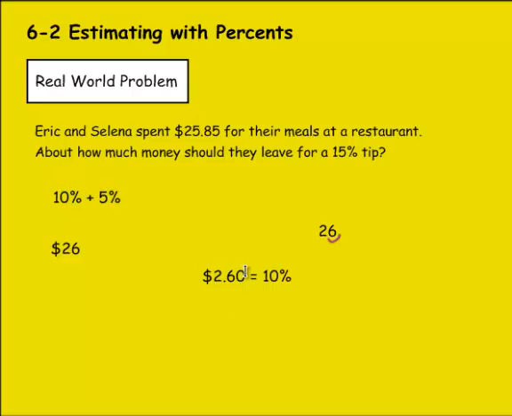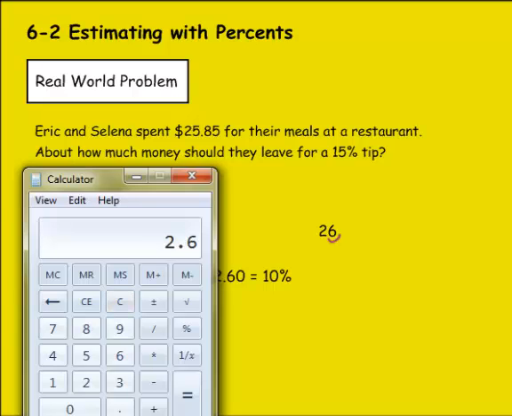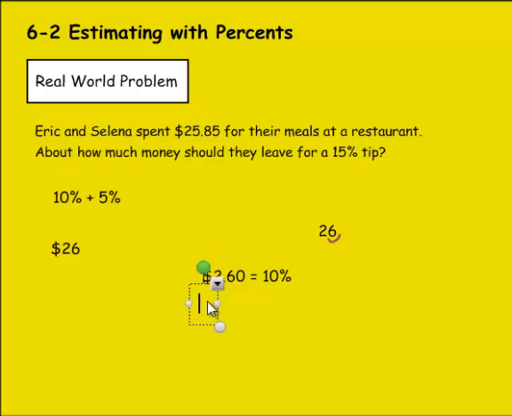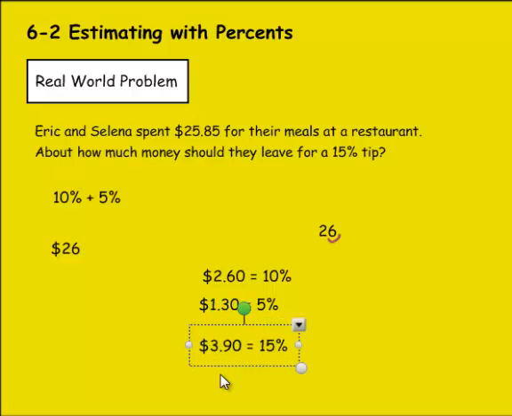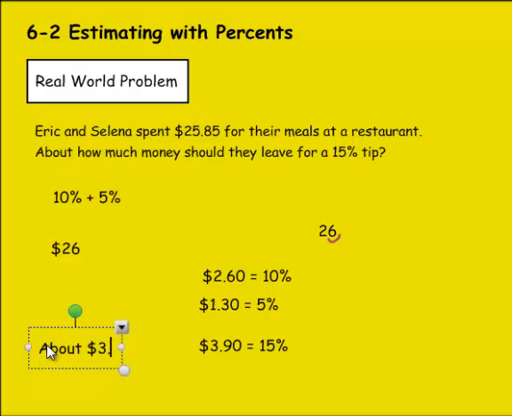So we could find 1/2 of 2.6. 2.6 divided by 2 would be 1.3. So I know that $1.30 equals 5%. So just like I said, we could add 10% and 5% together. So it would be $3.90 equals 15%. So this would be the tip that you want to leave at the restaurant. So we would say about $3.90 for the tip.